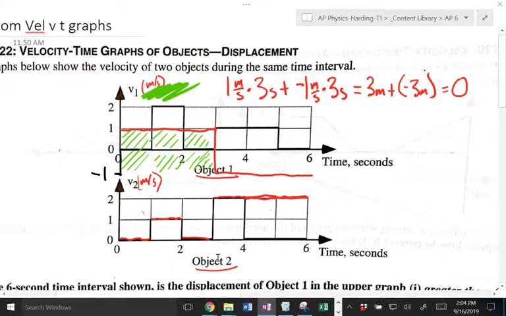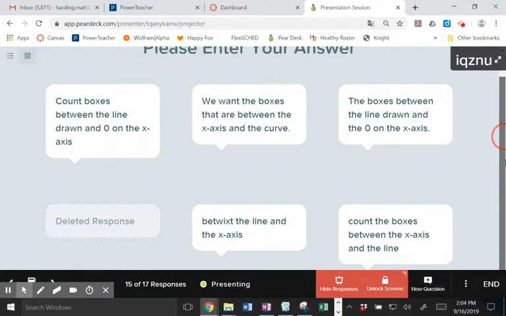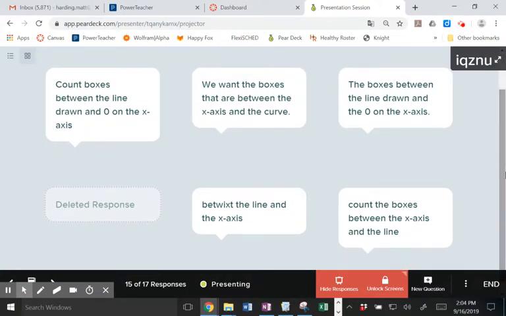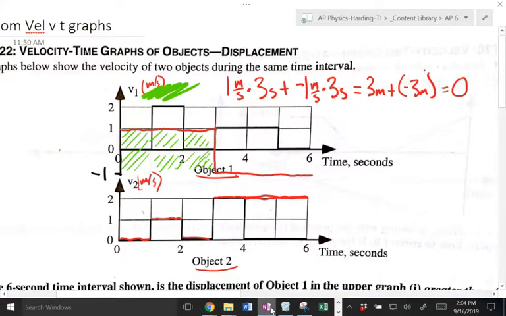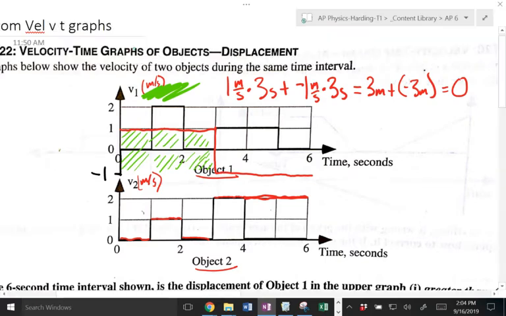All right, here's the friends that are smelling what I'm stepping in. Count the boxes between the line drawn and the x-axis. We want the boxes that are between the x-axis and the curve. It's not really a curve here, but you know what I mean. Boxes between the line drawn and the 0 on the x-axis, okay? The x-axis is the blue line. There we go, right?